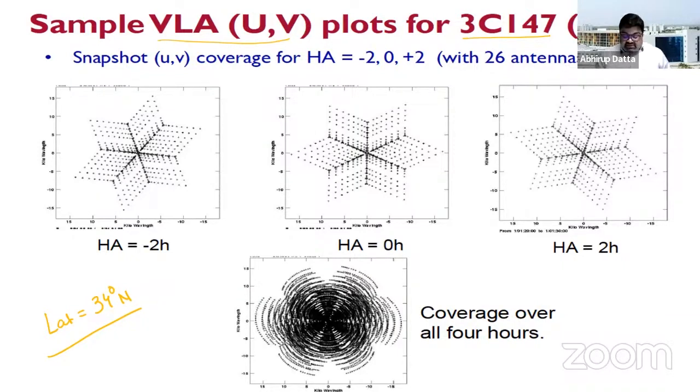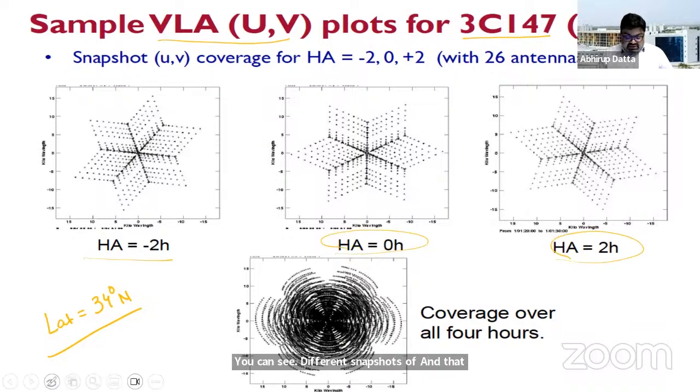Yeah, it's 34° north, and so this is different for different hour angle. You can see different snapshots of UV coverages, and that will change.